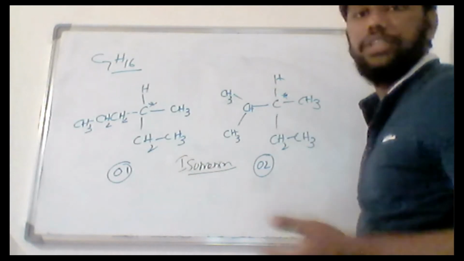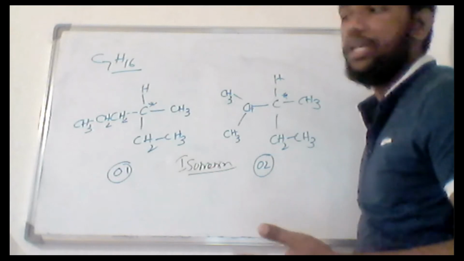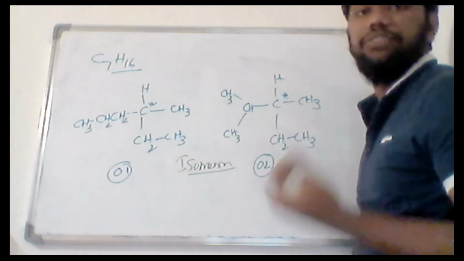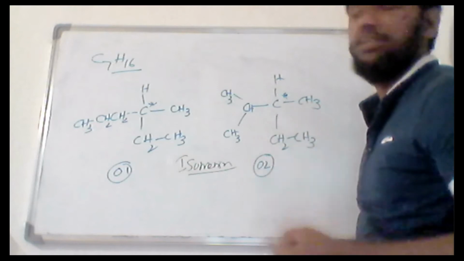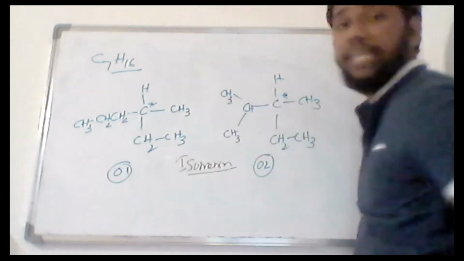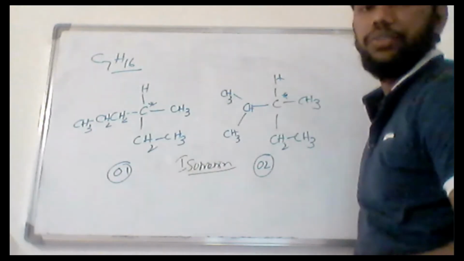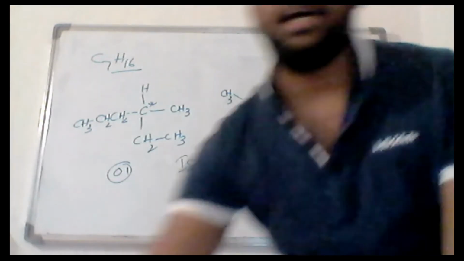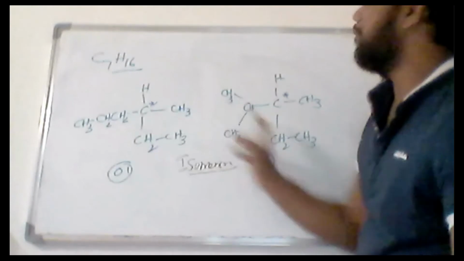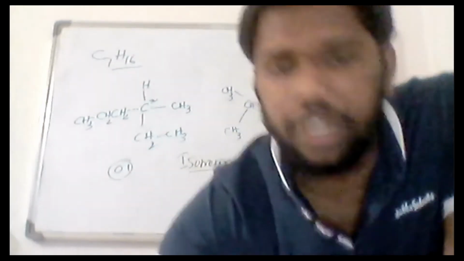In stereoisomerism, we discuss optical and geometric isomerism. In constitutional, we have chain, position, and functional group isomerism. Here we have changed the chain, so we have changed the structure. So now in the second question, they are asking what the isomeric relationship between these two is.